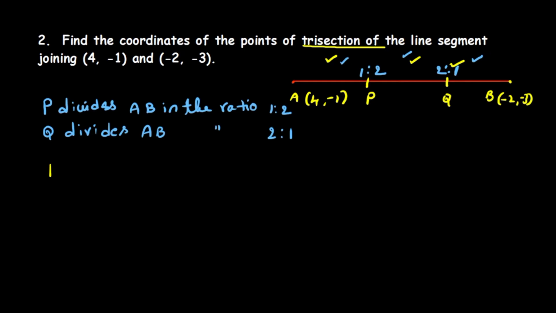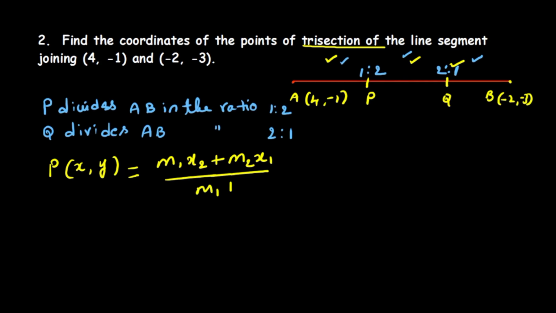So P we take generally as the point (x, y). (x, y) equals, I am going to use the section formula, that is (m1 x2 plus m2 x1) divided by (m1 plus m2), and here again (m1 y2 plus m2 y1) divided by (m1 plus m2).